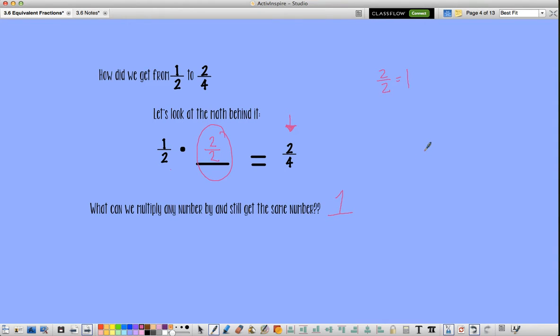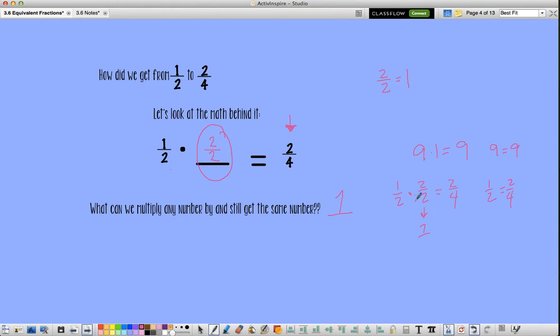Okay, so with multiplication, if we do 9 times 1, we get 9. But with multiplication of fractions, if we're looking for equivalent fractions, we get 1/2 times 2/2, which we know is equal to 1, and that gives us 2/4. Well, 9 is equal to 9, and we know that 1/2 is equal to 2/4. So it's the same idea.